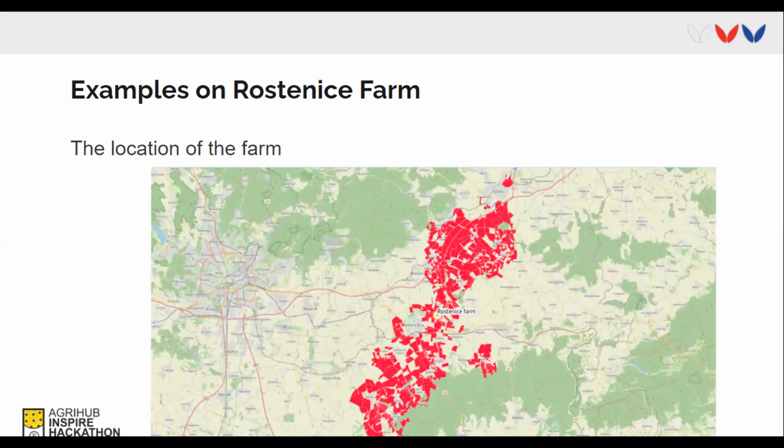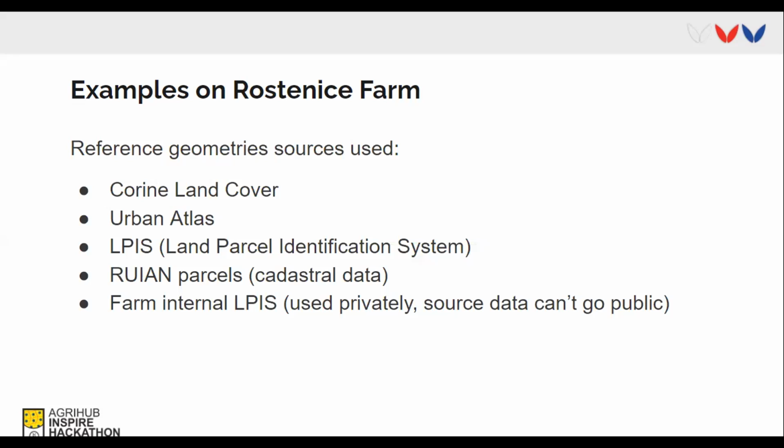We have collaborated with them for a long time, and for reference geometries in this location we have used the following datasets: CORINE Land Cover and Urban Atlas. Those are pan-European datasets available for the whole of Europe, and they're not so precise, so in this context they don't have great value.